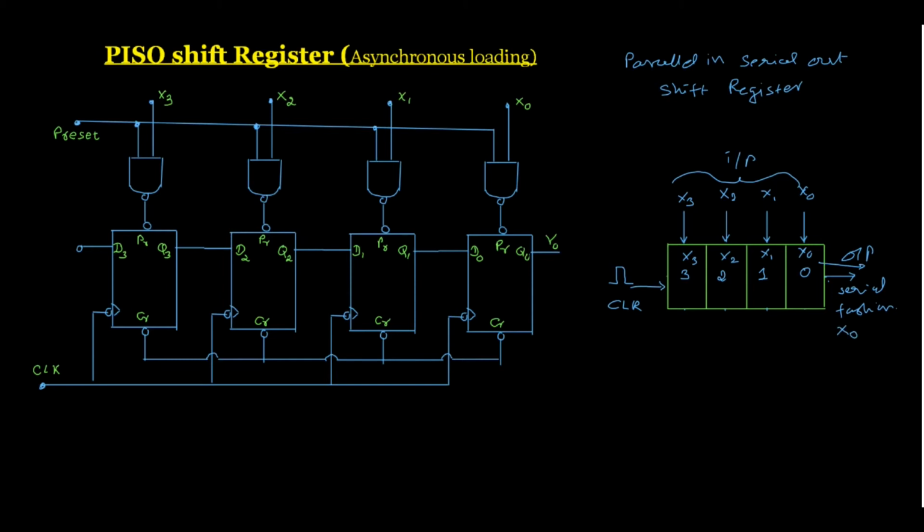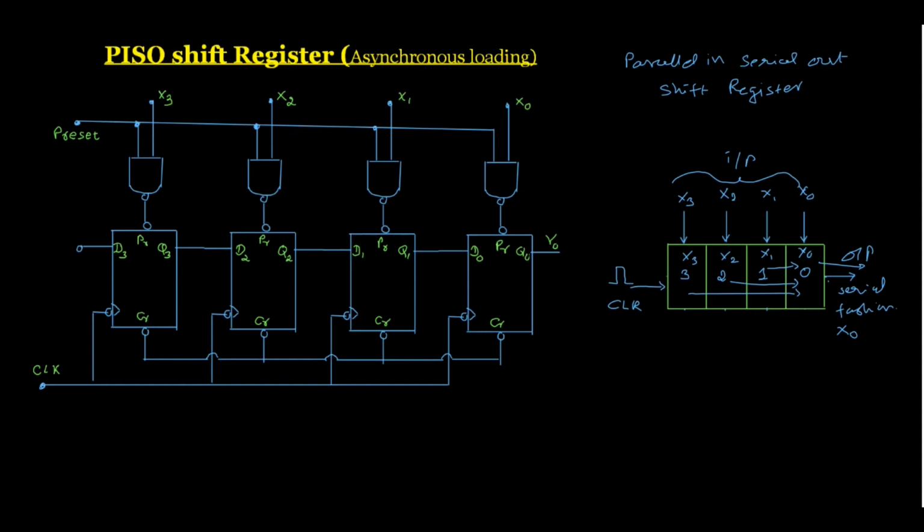Then with the second clock pulse, x1 will come out. Then x2 will come out, and with the fourth clock pulse, x3 will come out. So here with the clock, the data is moved from left to right, and finally you are getting the output in the final flip-flop.